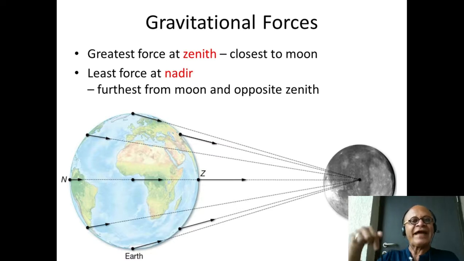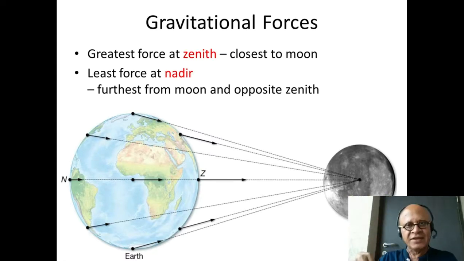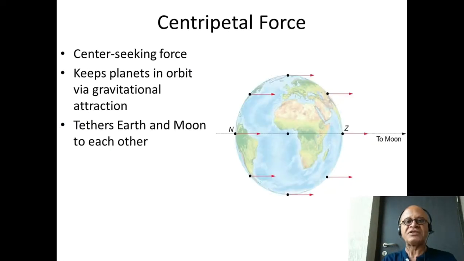Now we have to add to it this fact that the Earth-Moon system is wobbling together around the sun. And this is where it gets a little bit more complicated, but you just watch the animation to make sure you understand. Okay, so there is the centripetal force acting on each point on Earth. Why?